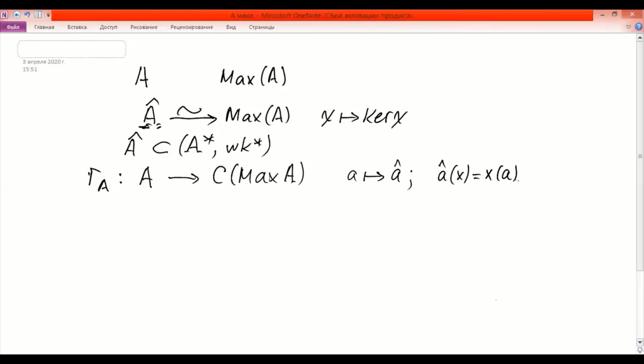In general, it is not surjective, and in general, it is not injective. In fact, the kernel of the Gelfand transform is the so-called Jacobson radical of A, which is the intersection of all maximal ideals of A. So today we specialize to an important subclass in the class of all Banach algebras. Namely, we'll discuss some basic facts on C-star algebras.